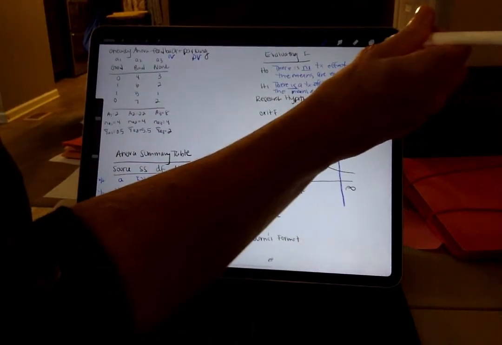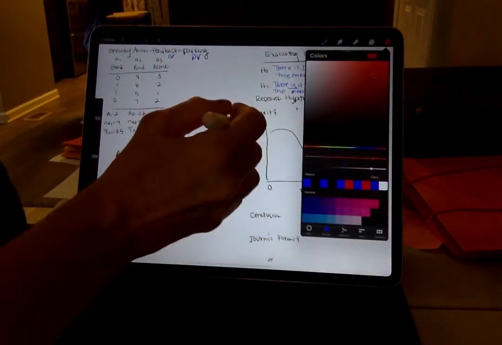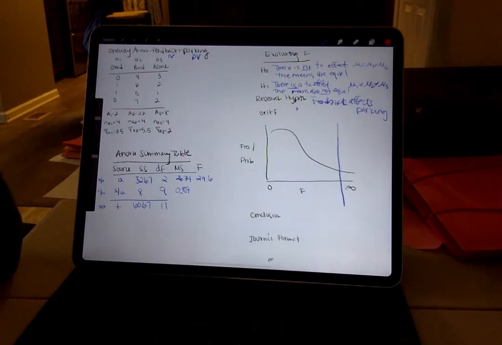All right, so once we've written our three hypotheses, now it's time to actually evaluate the F ratio using our critical F. So we're going to look up our critical F in the critical values of F table.